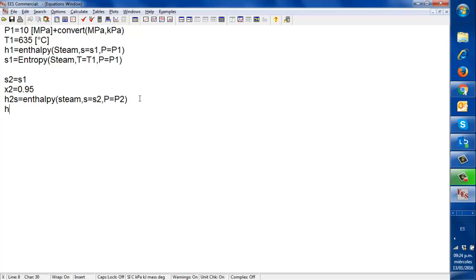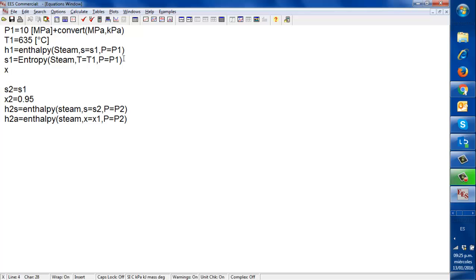And the unknown is here in the argument of the function, and still we'll solve it. Okay? H2A equals, I will copy this. And what I will change is quality equals quality 1. So I will put here quality 1 equals 0.95.